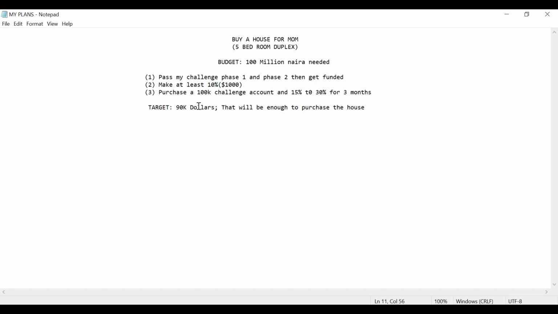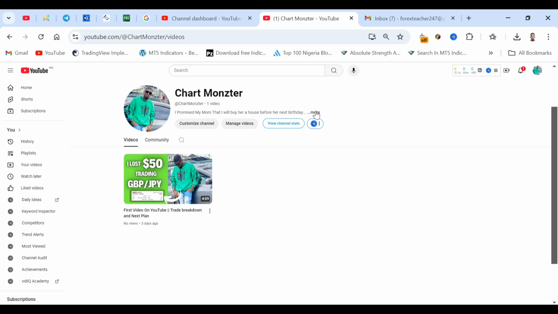If I make $70,000 at the end of the 3 months, it's going to be fine. But the target is $90,000, and that will be enough to purchase the house. So that is what we're doing here. I will be tracking my forex journey while chasing to get this property and fulfill the promise I made to my mom.